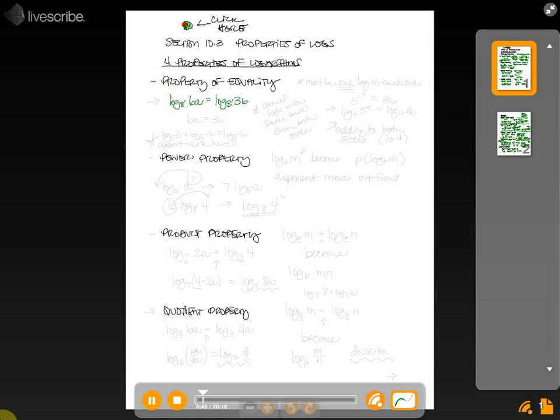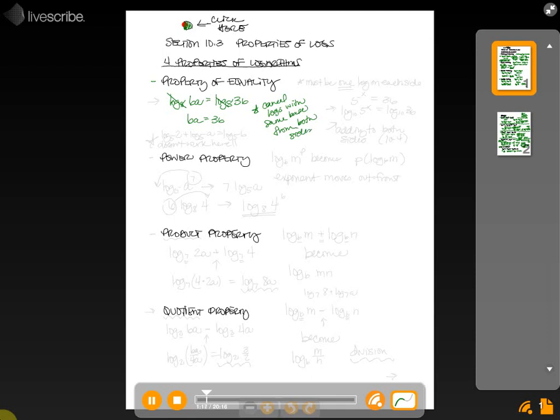What this property says, and we used this back in 10.2, is that if the logs have the same base on both sides, we can just cancel them out. So we get 6a equals 36, and we can solve from there. So it allows you to cancel logs with the same base from both sides.